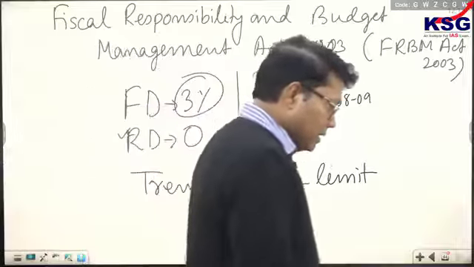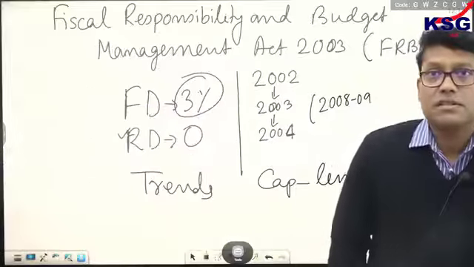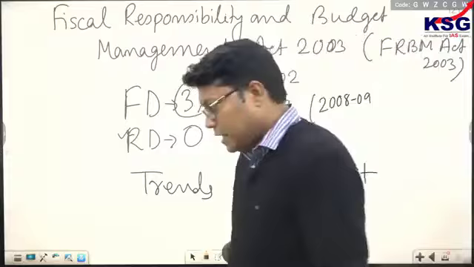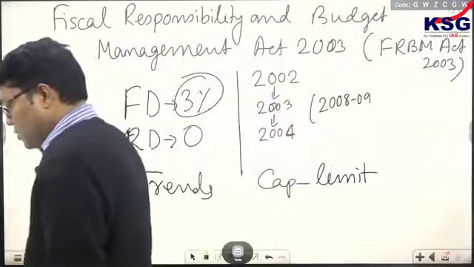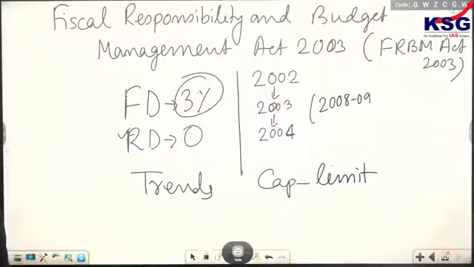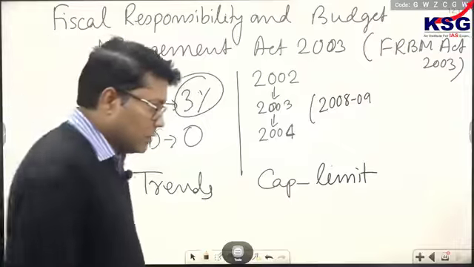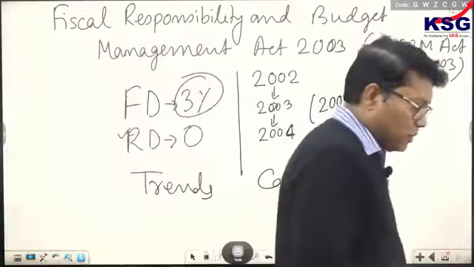Full stop. But in the case of deviations, comma, the government has to inform the parliament.